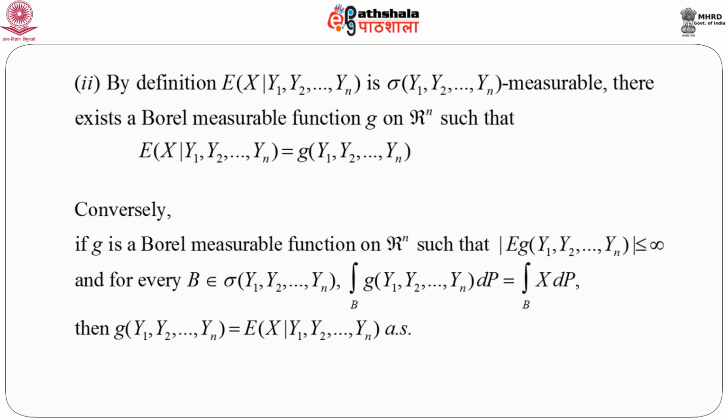Then if this holds, we can immediately see that g(Y1, Y2, ..., Yn) is nothing but the expectation of X given Y1, Y2, ..., Yn almost surely. So this holds almost surely or almost everywhere.